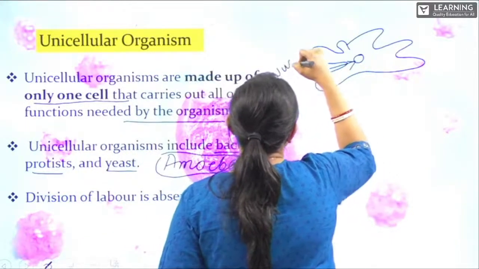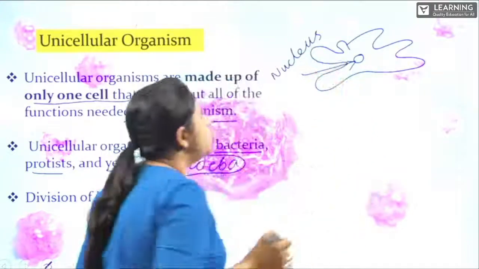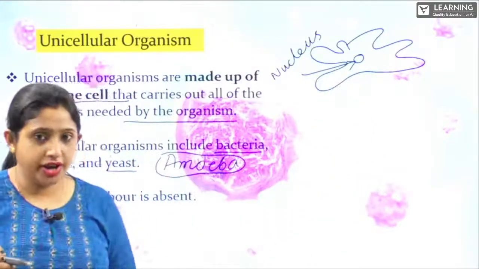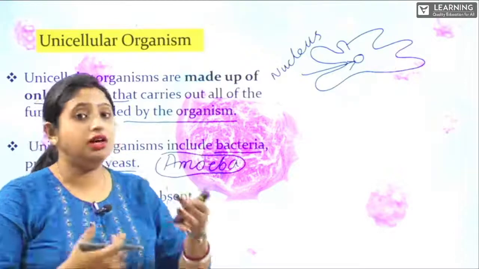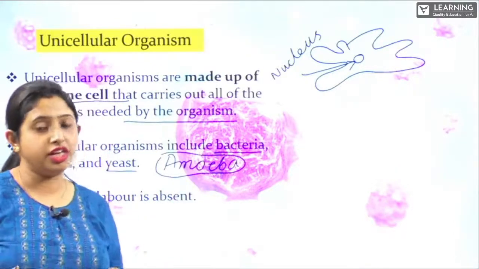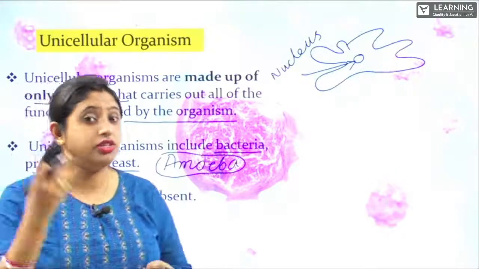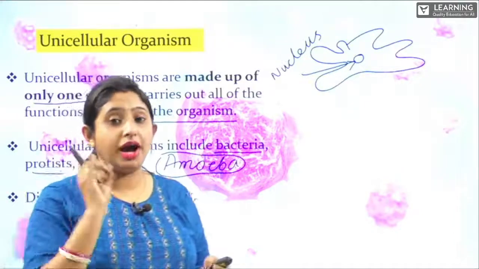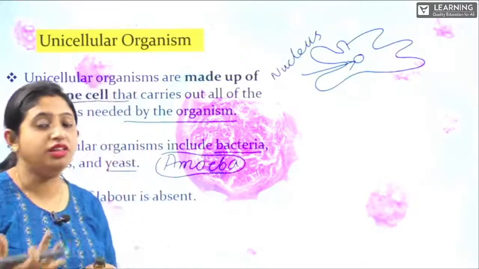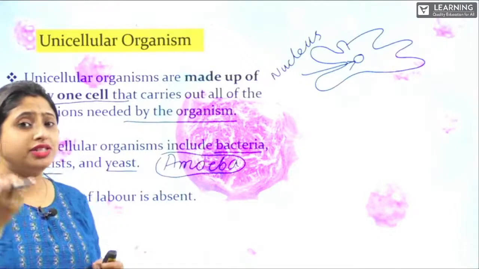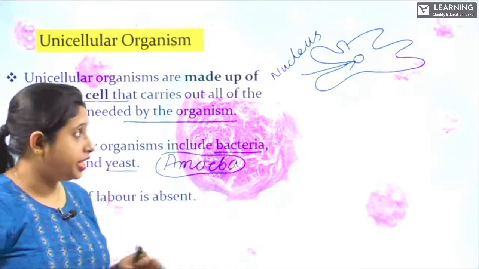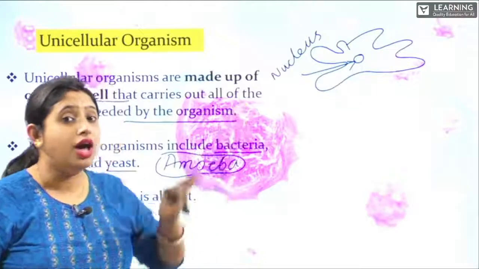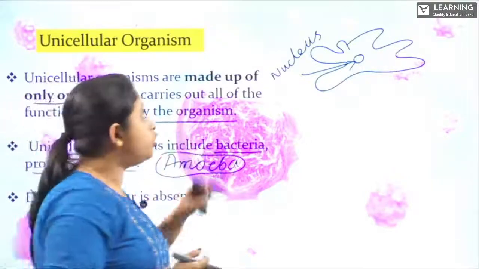So how does reproduction take place in unicellular organisms? They reproduce by binary fission or by budding. There are various types of asexual reproduction. They basically follow the asexual mode of reproduction.